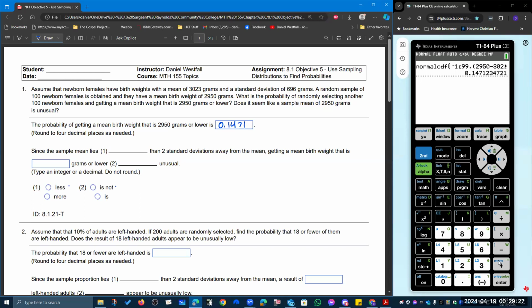Since the sample mean lies less than 2 standard deviations away from the mean, let me prove that to you. Let me get that z value for you of 2950 minus 3023 divided by 696 divided by the square root of 100.